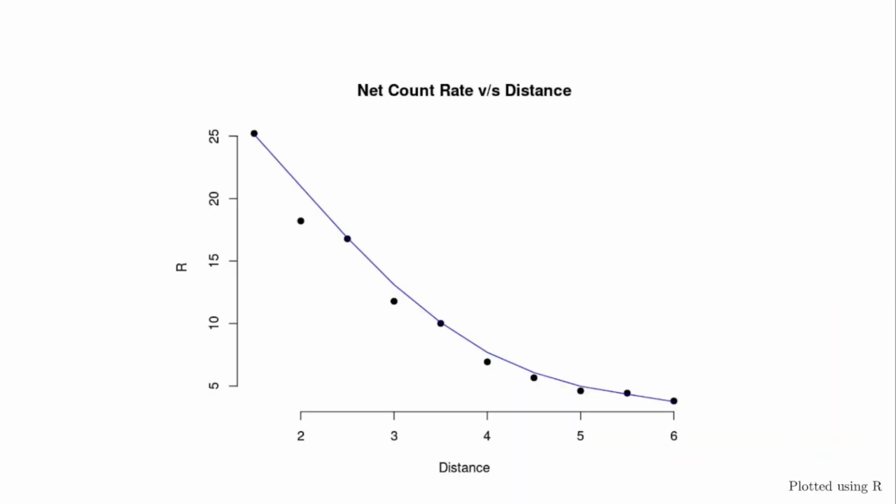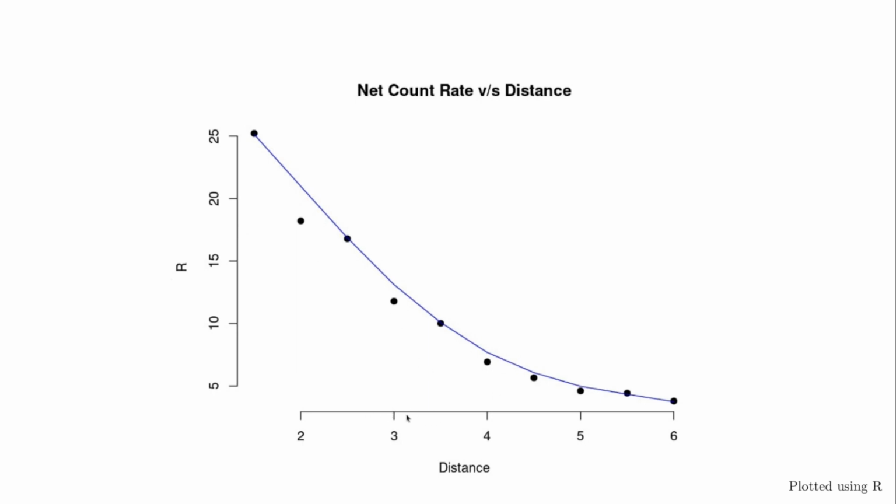Let us look at these graphs and try to understand what this experiment has to tell. First graph is net count rate versus distance. The graph of net count rate versus distance shows a decreasing trend, implying inverse proportionality of R versus D. Let us consider 2 centimeter. At 2 centimeter, the number of radiations is somewhere up to 17.